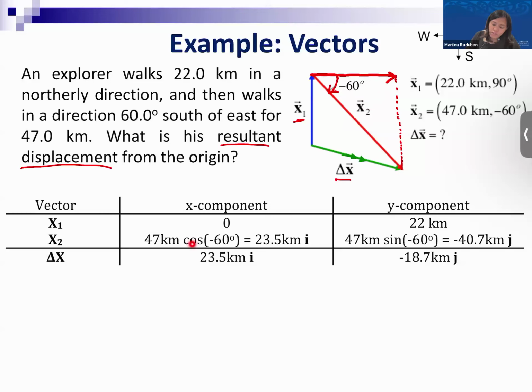Therefore, you use the cosine theta function, which leads you to hypotenuse times the cosine of the angle. So that will be 47 times cosine negative 60 degrees. You'll end up with a positive 23.5 kilometers, which is consistent with the direction of the arrow you've drawn here, which is pointing to the right, or plus i hat direction.